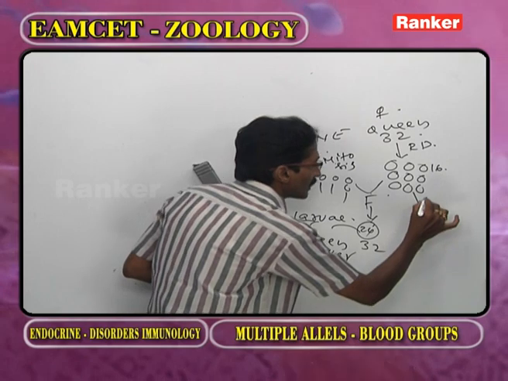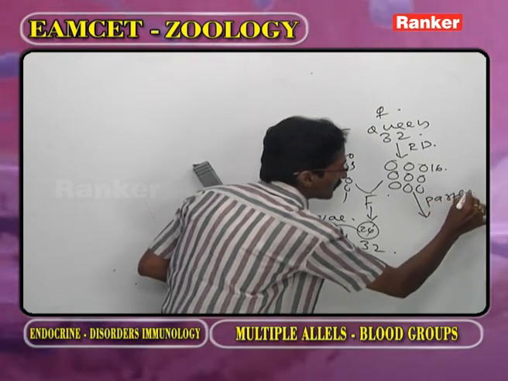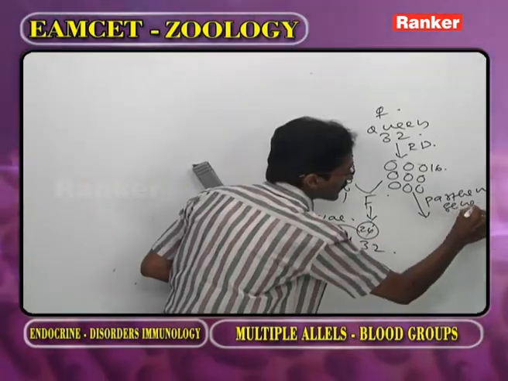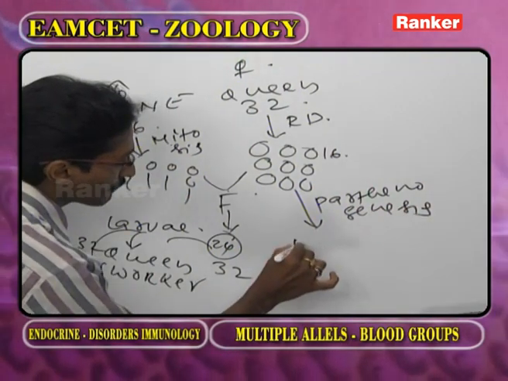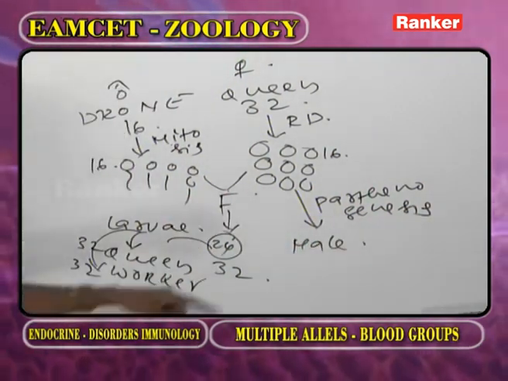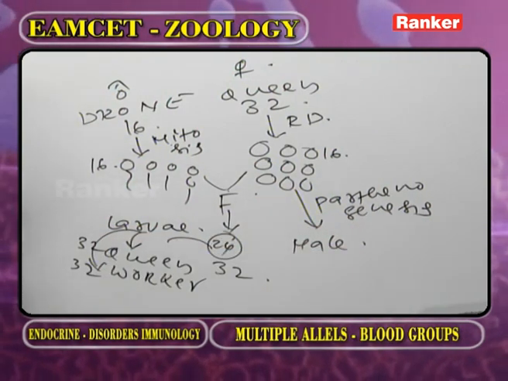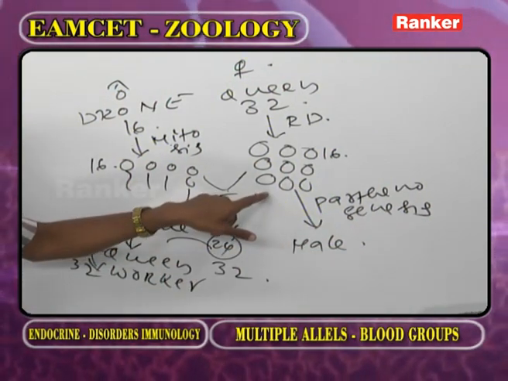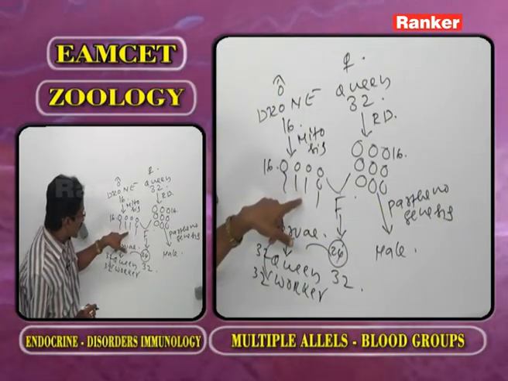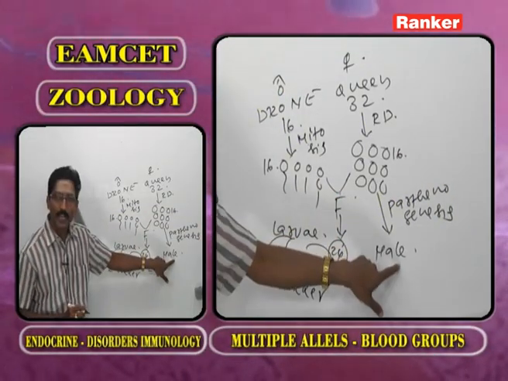These ova by a process called parthenogenesis become the male. What is the other name of parthenogenesis? Arrhenotoky. So those ova that do not fertilize with sperms become the male.